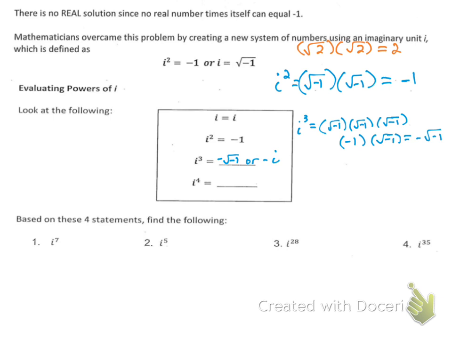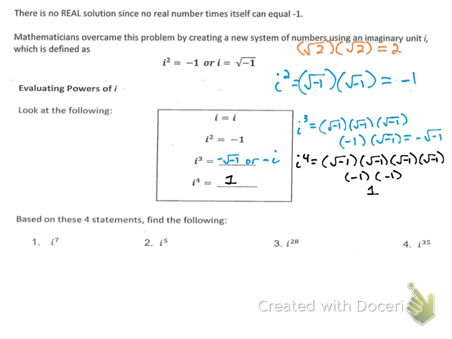Now, i to the fourth is the square root of negative 1 times itself four times. Well, that would give you negative 1 times negative 1, which would give you positive 1.